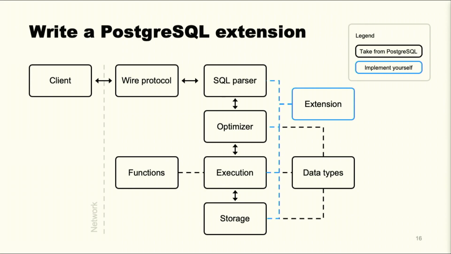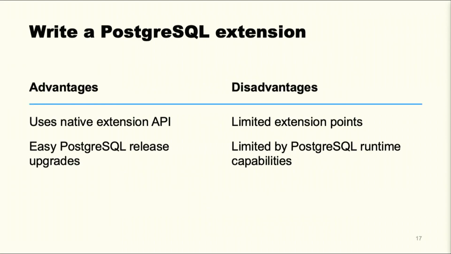It's the easiest to maintain, but you become also limited in innovation by what PostgreSQL exposes, allows extensions to do. So again, you cannot change things where Postgres wasn't designed to be extended.